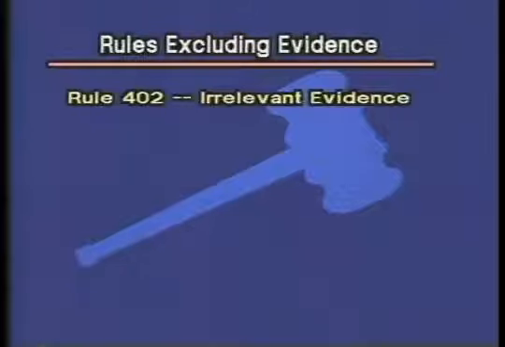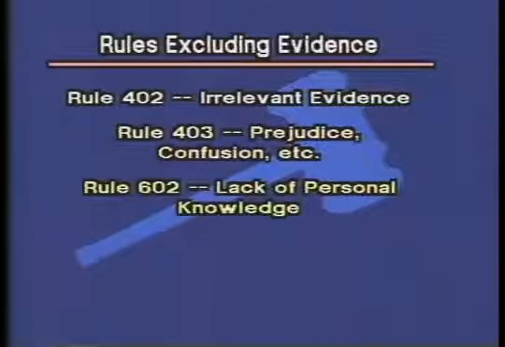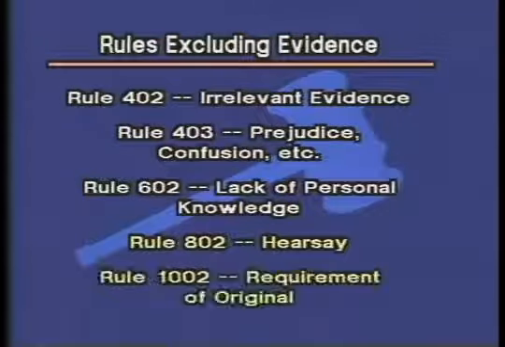I feel that Rule 402, Rule 403, Rule 602, Rule 802, and Rule 1002 are what I perceive to be the major rules of exclusion. We've already looked at Rule 402. It excludes anything that's not relevant.